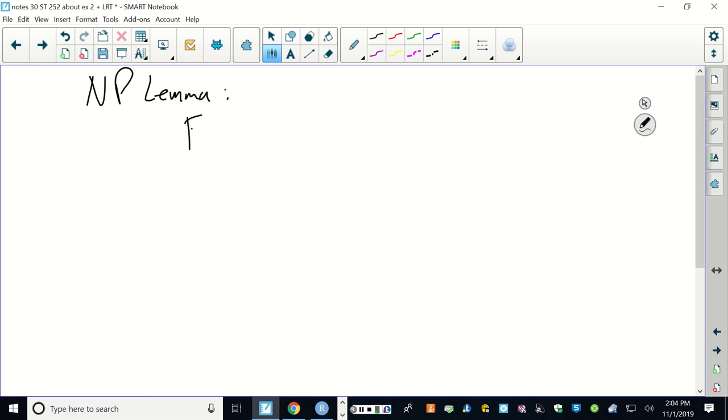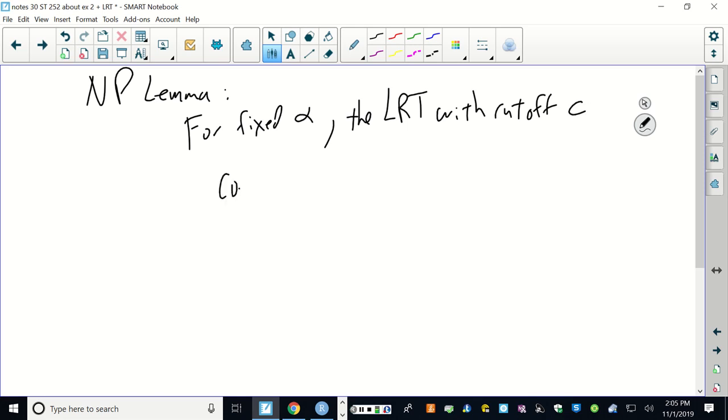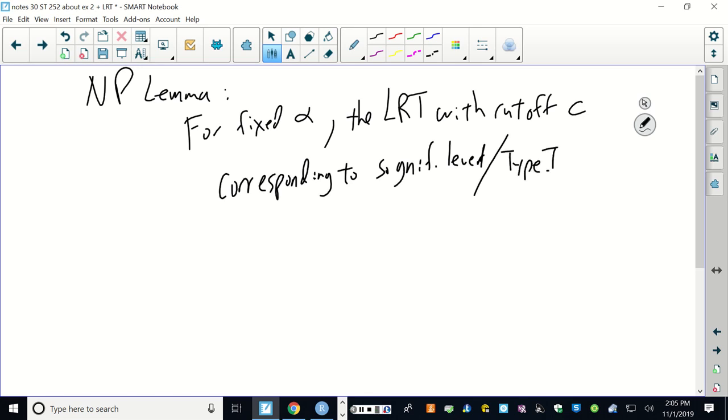So one way of summarizing that for a fixed alpha, the likelihood ratio test with cutoff C corresponding to significance level or type 1 error rate alpha. This minimizes type 2 error.